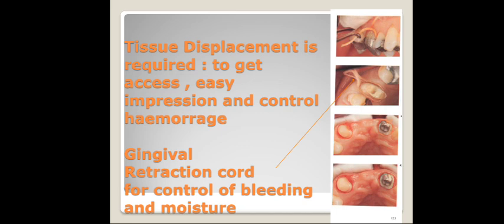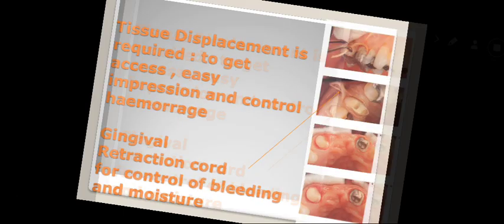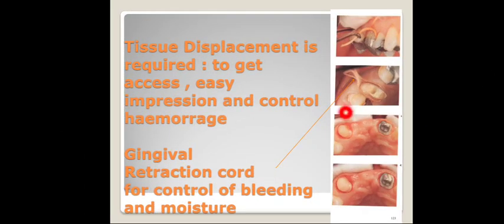Now we go to the making of the impression and the technique for making the impression. Before making the impression, we have to isolate. As we know, the fixed bridge is placed on prepared teeth, and mainly the finish line between the prepared and unprepared tooth structure must be reflected carefully in the impression material and registered carefully.